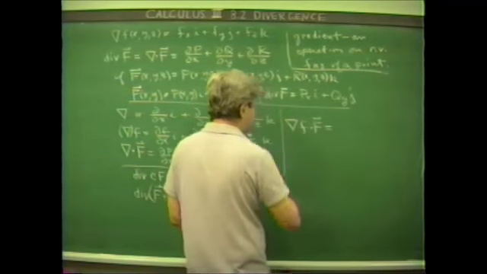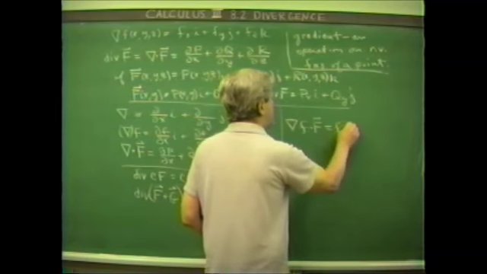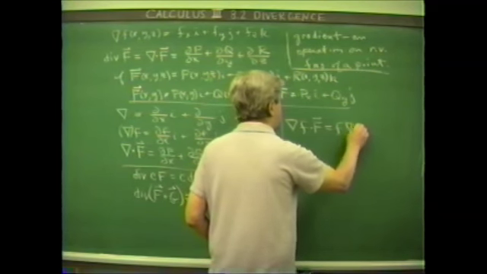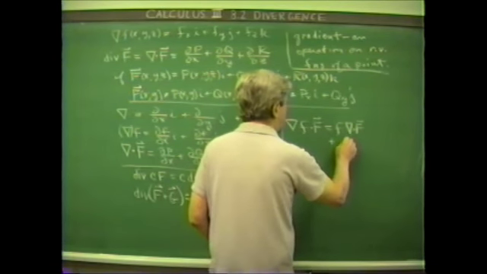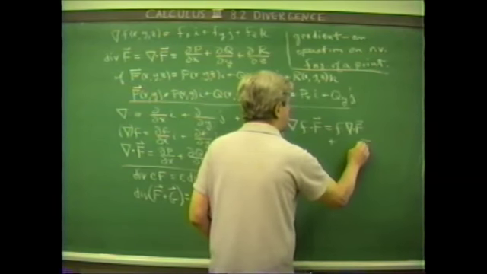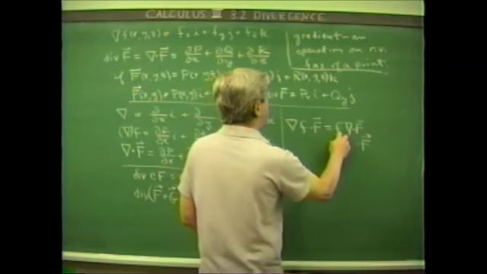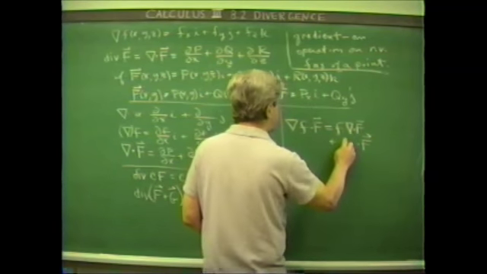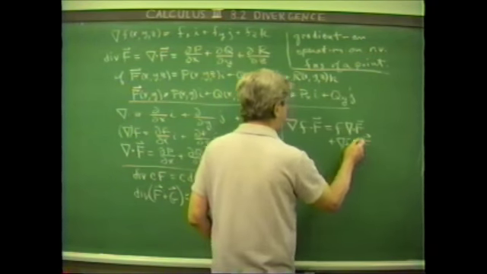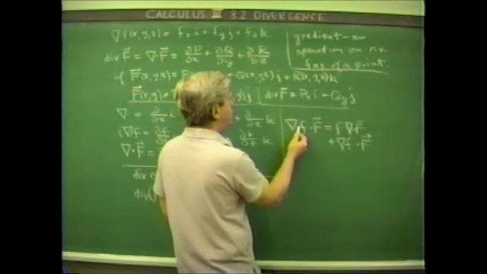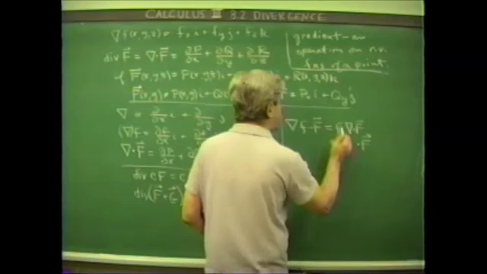This is going to be the first times the divergence of the second plus the gradient of the first times the second. Right? So this is similar to the fact that the derivative of a product is the first times the derivative of the second plus the second times the derivative of the first.